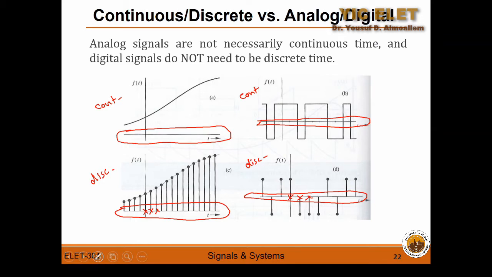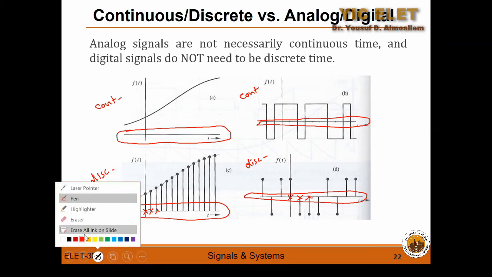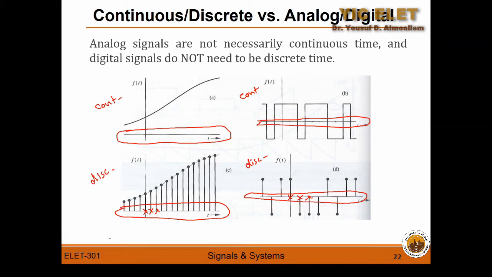So this is talking about the four plots from the continuous and discrete perspective. Now, if we move to digital and analog, we have to divide them on the left side, as we can see here. For this signal, the y-axis can take any value of this function. So even in between, it could take this value.